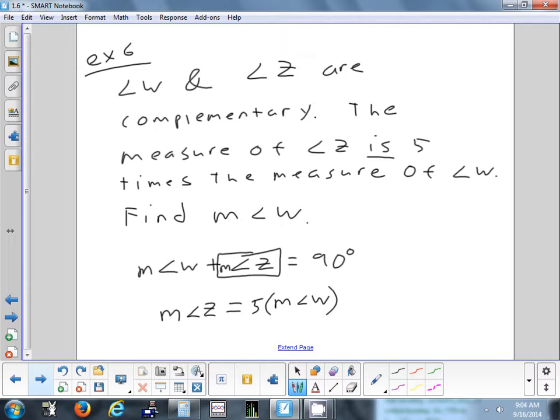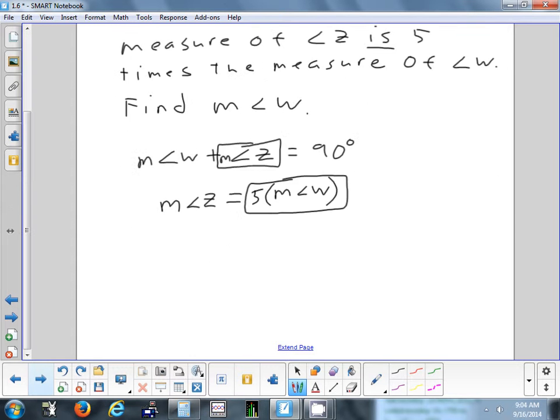Okay, so look at that bottom equation. What does it say angle Z is? Z is 5 times angle W. So that means what we can do, instead of writing measure of angle Z, we can change it to 5 times the measure of angle W. So then we have the measure of angle W plus 5 times the measure of angle W equals 90.